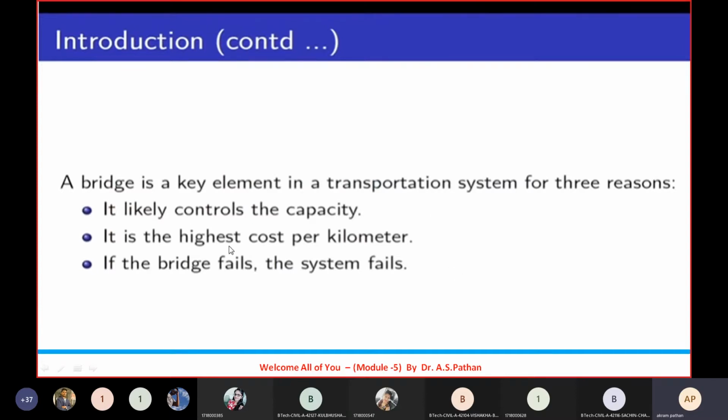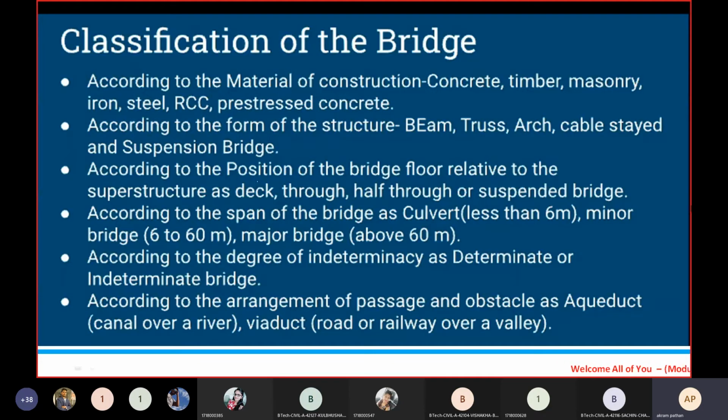So such kinds of bridges we have to construct. So these are the three reasons we have to take into consideration from the bridge point of view. Then another important thing I would like to share with all of you is the classification of bridges. Okay, so bridges are classified according to the material of construction.